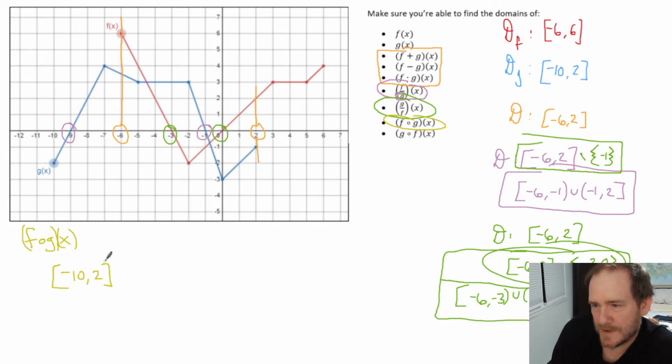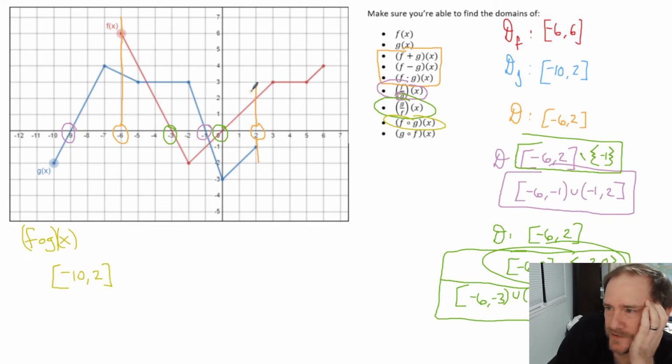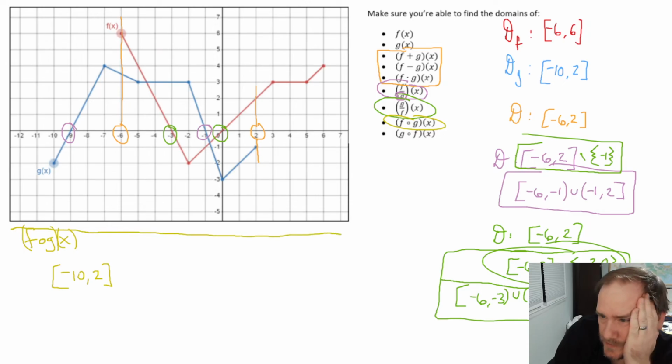Then check and see. Are there any outputs from G that are not in the domain of F? Well, the domain of F starts at negative 6, so we're definitely clear in that regard. Negative 6 is way down here. And no, function G never dips below negative 6. The other limit on the domain of F is positive 6, and if you look up here at positive 6, then no, function G stays under that line.